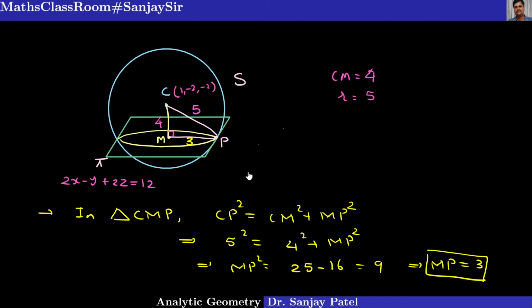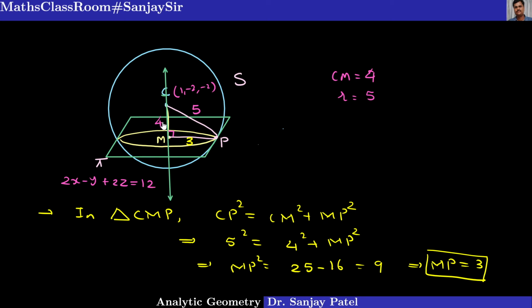So to find the center, you can see that the line CM, let me show you, the line CM, let me extend first, is passing through the center of the circle which we are interested in.